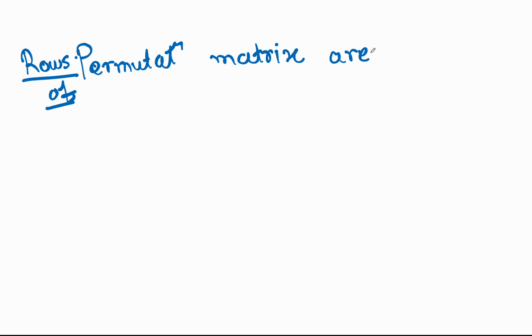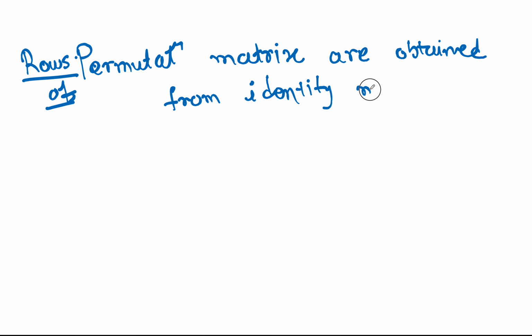Okay, so the one thing that is clear is that the rows of a permutation matrix are obtained from the identity matrix.